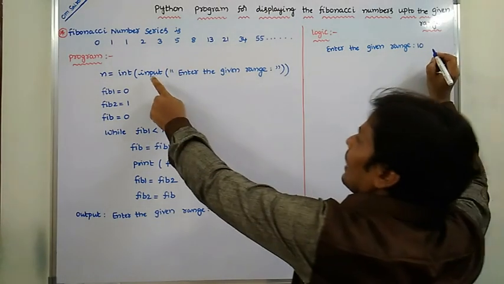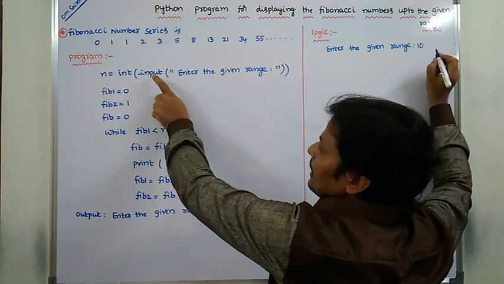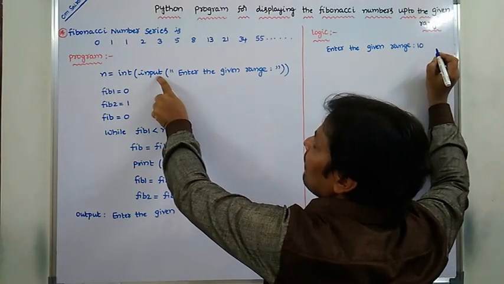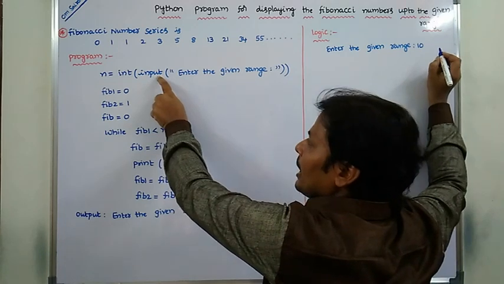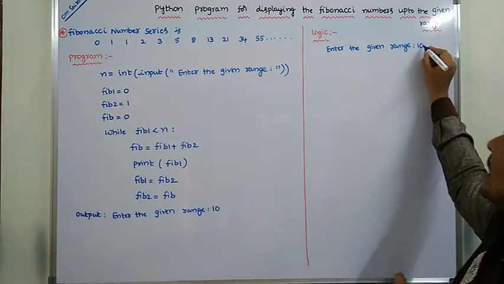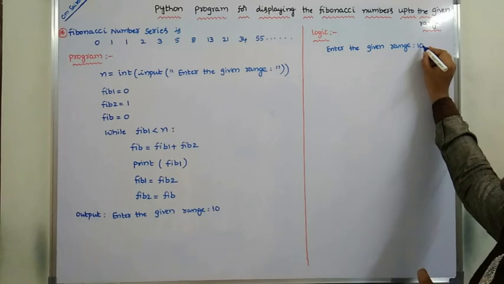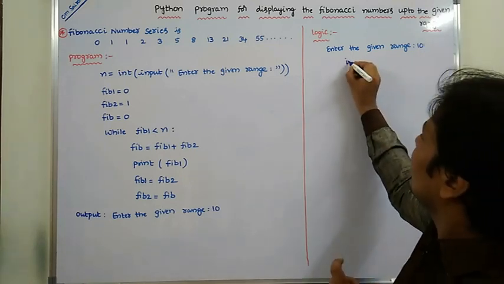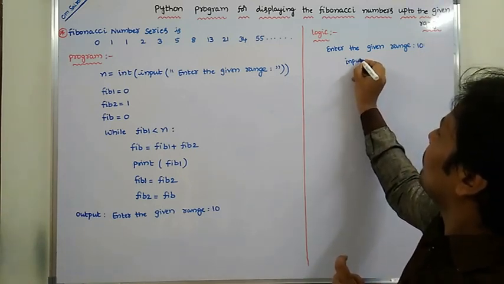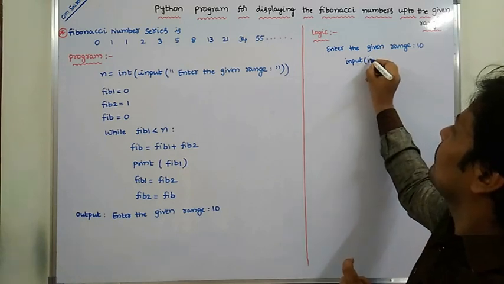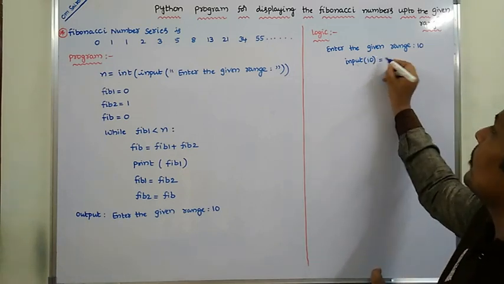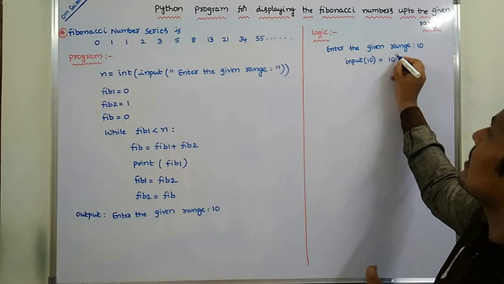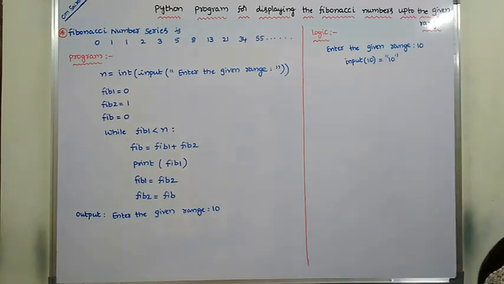Here the input function is used for reading the input from the keyboard. Whatever value we get from the keyboard, that is 10, this 10 is taken by the input function. Then the input function returns the string "10".